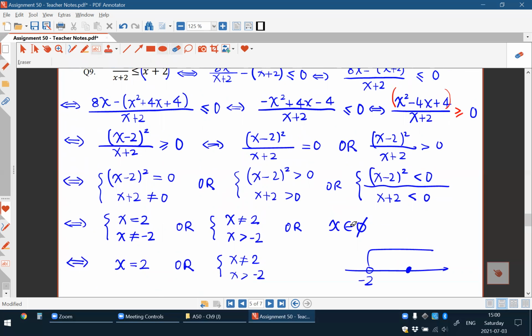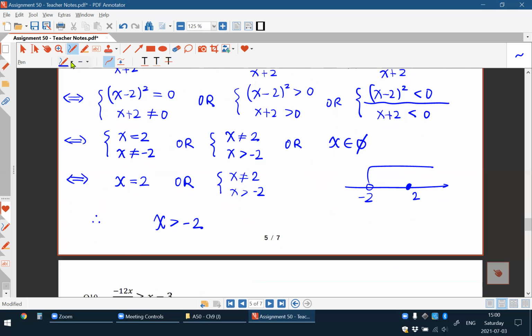Okay. Again, you can always check the corner case. What will happen? So let's check, verify. What will happen if x is 2, because x is 2 is a corner case, right?